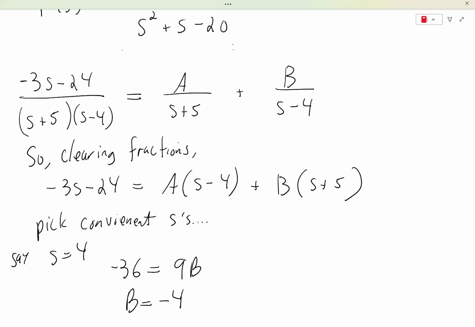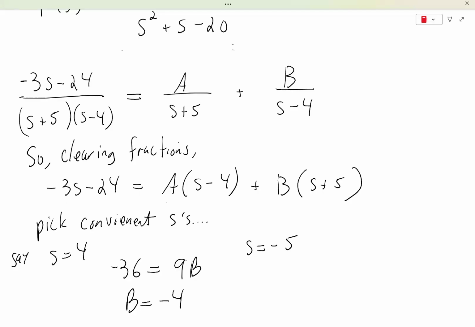Now, what would be another convenient value to pick? Negative 5. So you pick negative 5, and that gives you 15 minus 20, which is negative 5... sorry, 15 minus 24, negative 9.